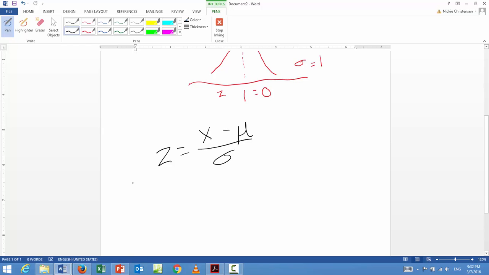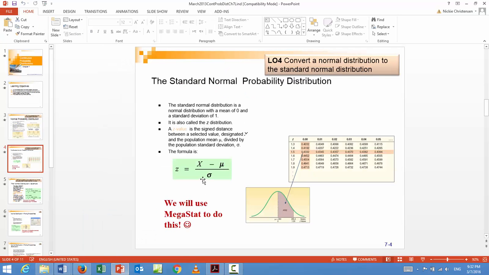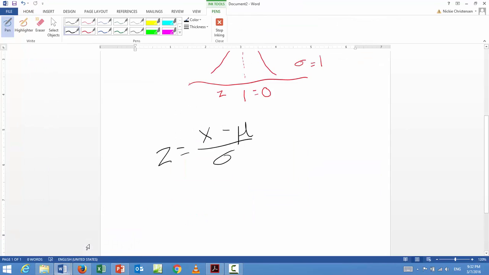This formula is on our PowerPoint. Here it is: z equals x minus mu over sigma. That's how we standardize our normal distribution values.